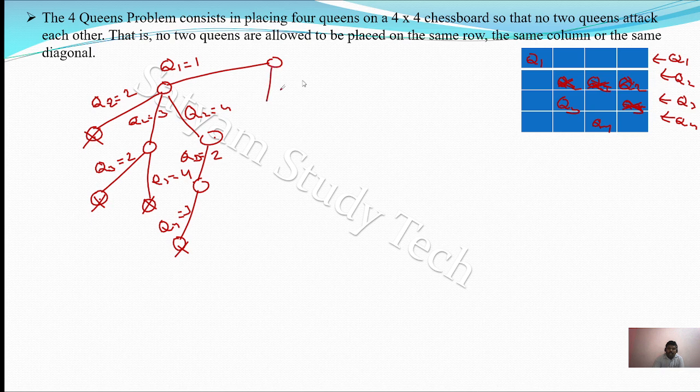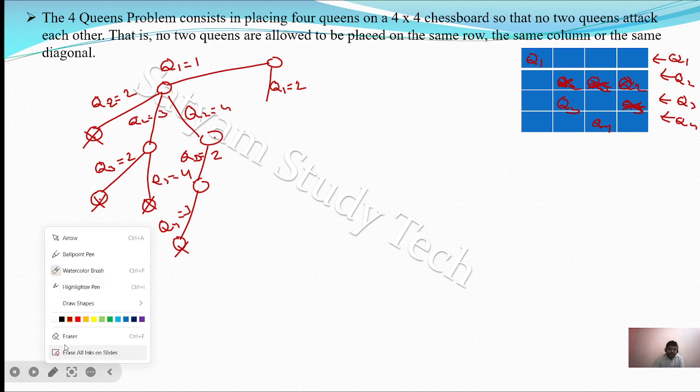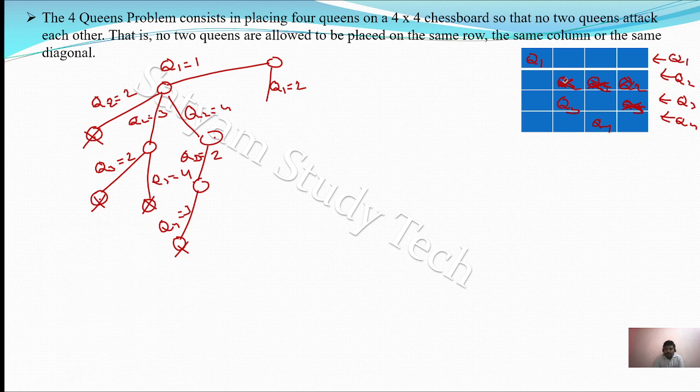So Q1 is placed in the second column now. Now you can see Q2 is not placed in the first column because it is diagonally attacked.